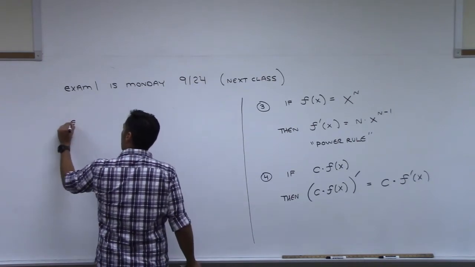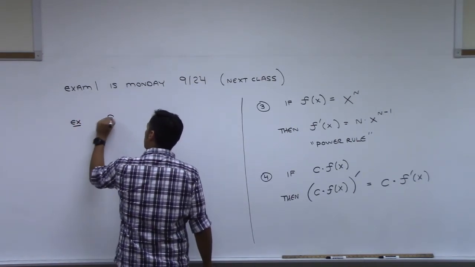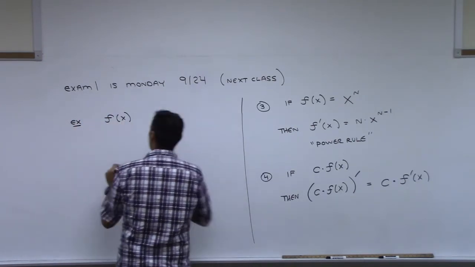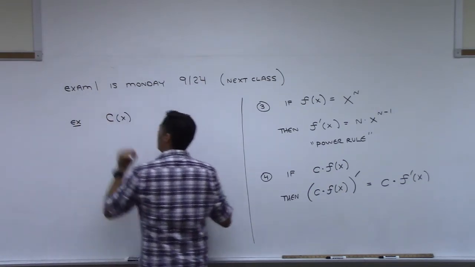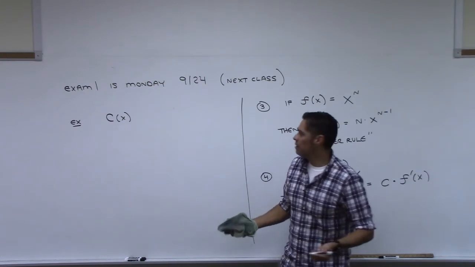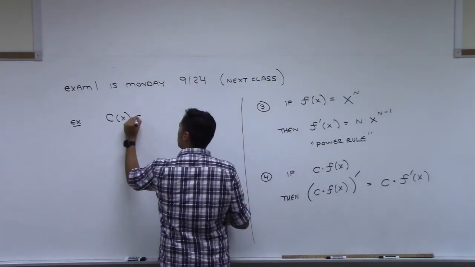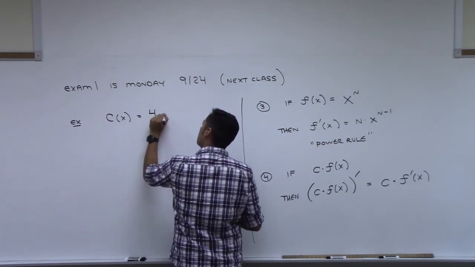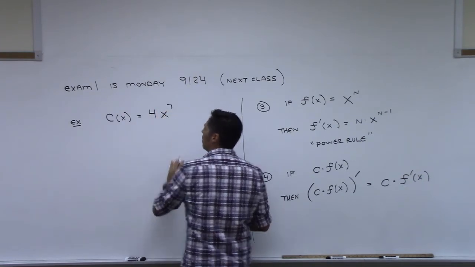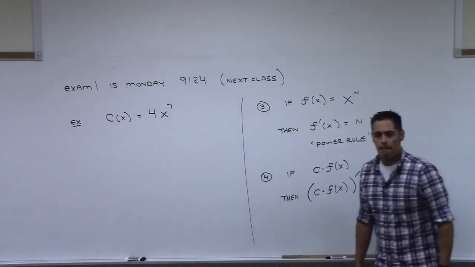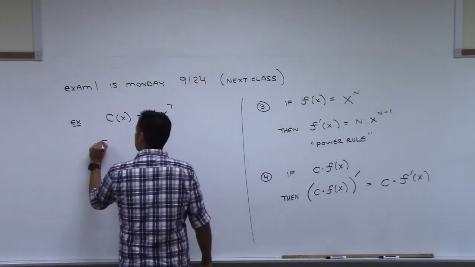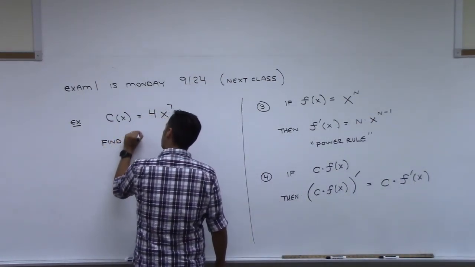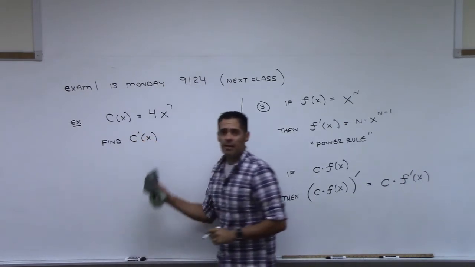So let's say we have a function. Actually, let me call it something other than f. Let's call it c for cost, like, let's say we had a cost function, and this was equal to 4x to the 7th power. And let's say we're asked to find c prime of x, which is its derivative. That's what that means.